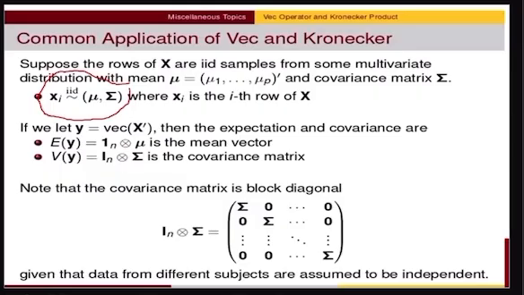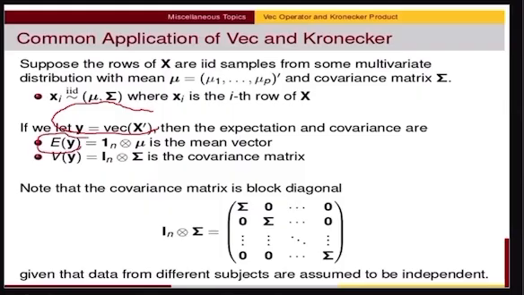Now that you understand that, we want to apply a Kronecker product in the multivariate setting. Take a look at this now. I let my y be equal to a vector of x transpose. If I have a variable y in a stochastic environment, we normally want to have the average. The average here is what we call the expectation.